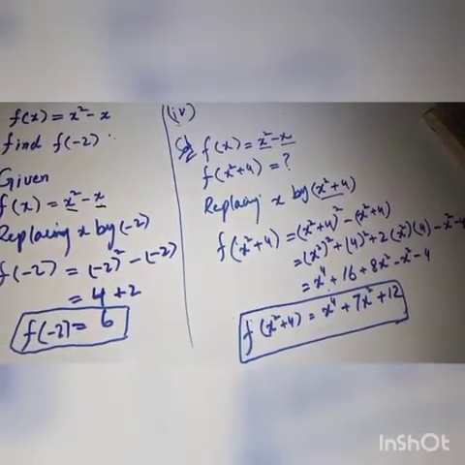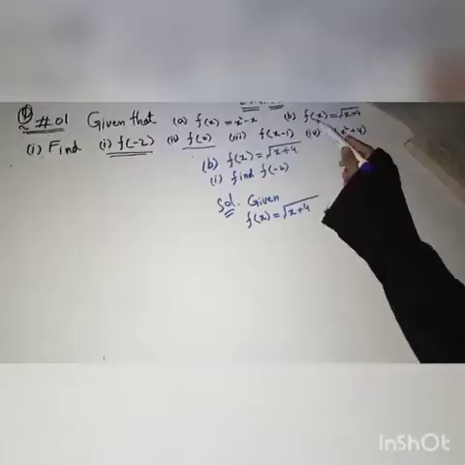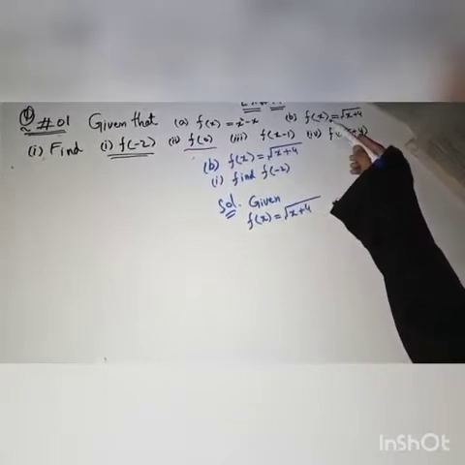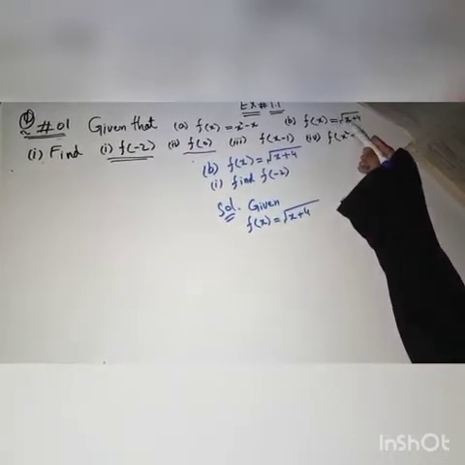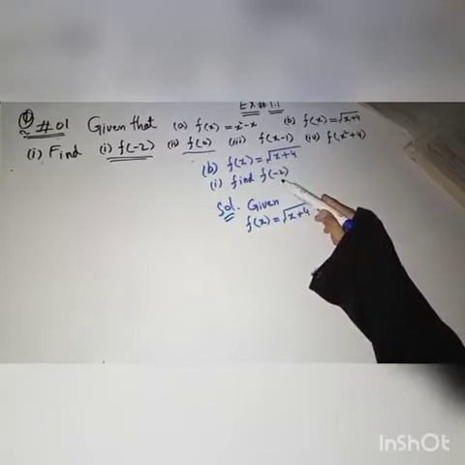Second part, f of x. Given function is here f of x is equal to under root x plus 4, find f of -2.